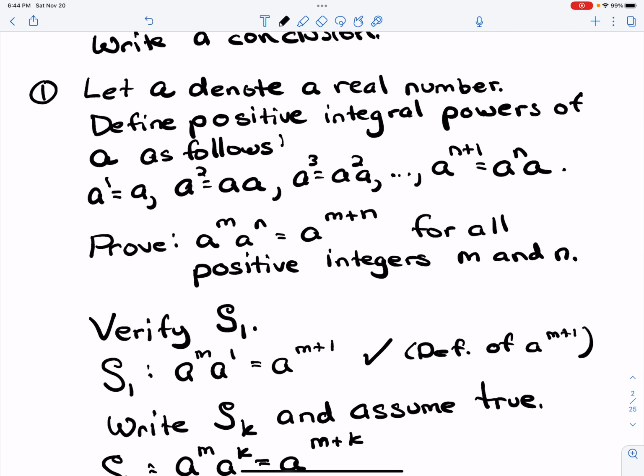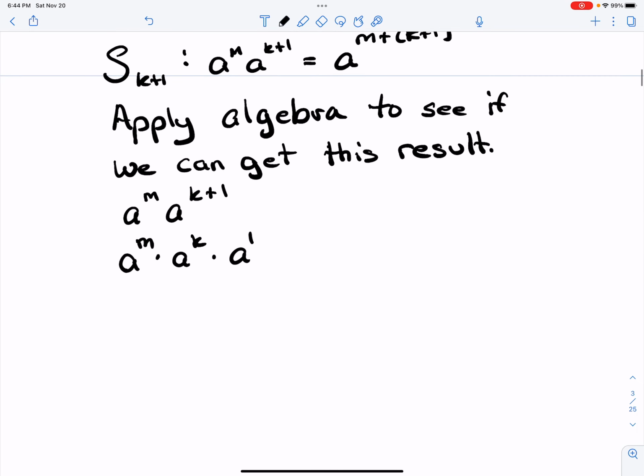And we can also use the definition up here. A to the n plus 1 equals a to the n times a. So we could take a to the k plus 1 and write it as a to the k times a to the first. All right. But I'm going to go ahead and also group these two together for a minute.